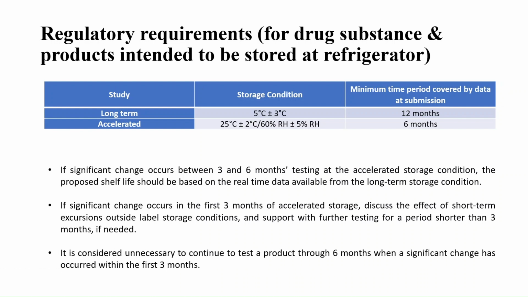And finally, if a significant change occurs in the accelerated, then there is no point in conducting the study up to 6 months. So you can stop if it happens within the first 3 months.